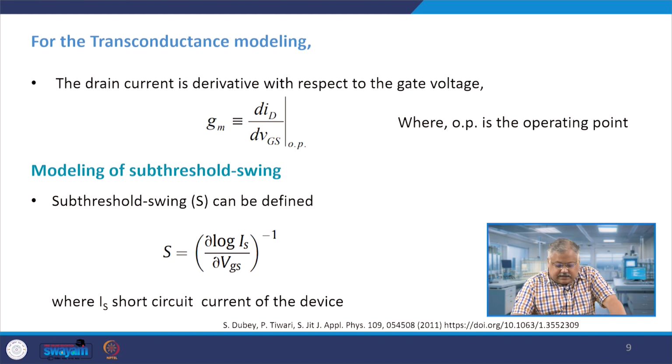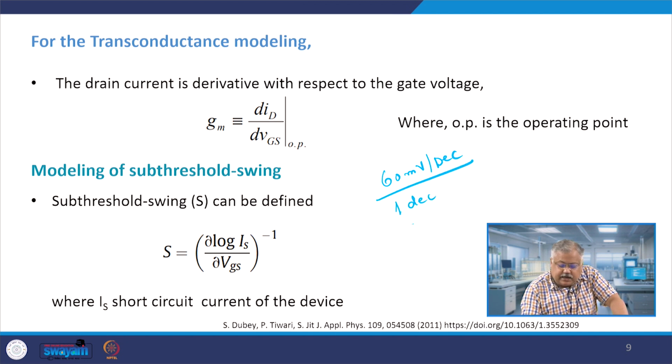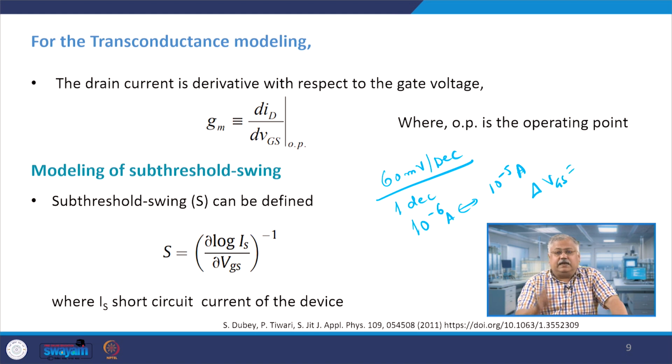Say if I write my subthreshold swing to be equal to 60 millivolts per decade, it effectively means that for a 1 decade change in current, say 10 to the power minus 6 to 10 to the power minus 5 amperes of current, how much VGS I have to change, that is defined by this.